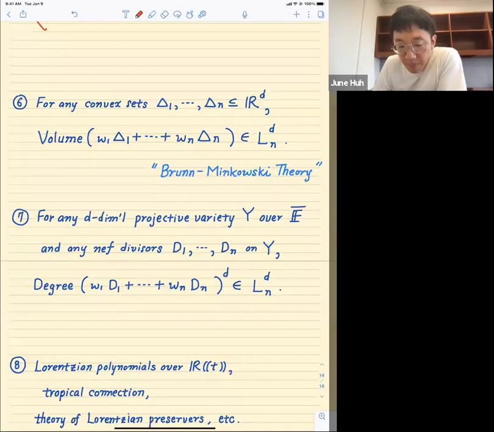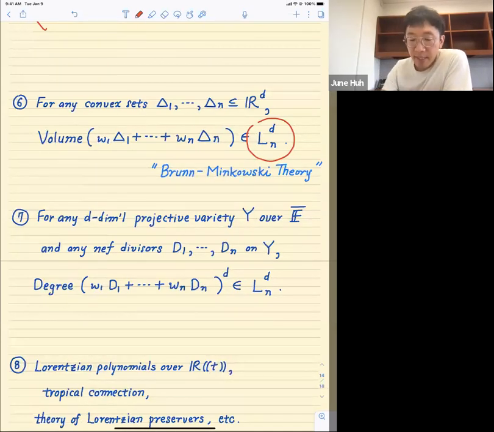And for any convex sets Delta_1 to Delta_n in R^d, the volume polynomial corresponding to this choice of convex sets always belongs to L^d_n. And from my point of view, this is at the heart of the so-called Brunn-Minkowski theory, computing volumes, mixed volumes, and stuff like this.